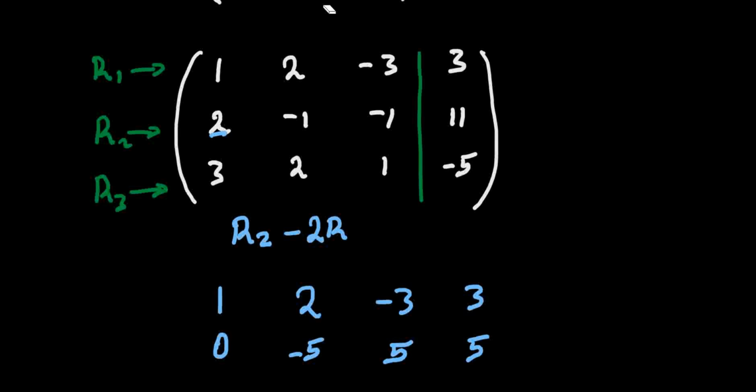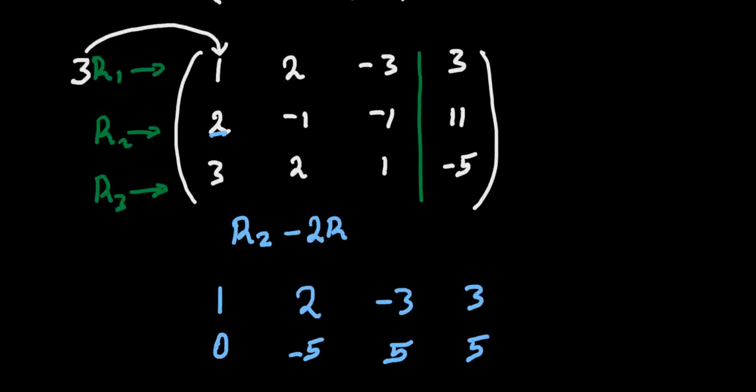Now we also want to change this value to 0. So to do that, we also need to multiply this value by the same number. Because we want to multiply by 3, we have to multiply the entire row by 3. So 3 times 1 would give us 3.